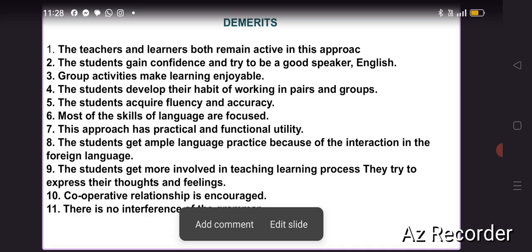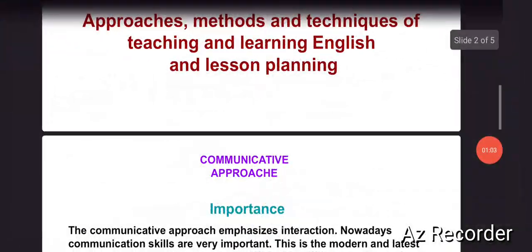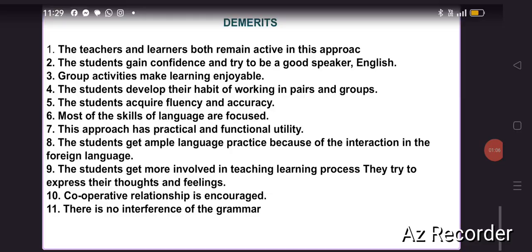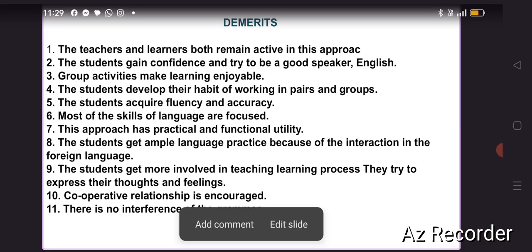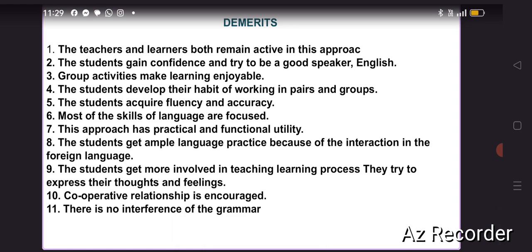नेक्स्ट, third, group activities make learning enjoyable. याच्यामध्ये ग्रुप ॲक्टिव्हिटीज घेतल्या जातात. ओके, so because of this what happens, the communicative approach becomes enjoyable. नेक्स्ट, the students develop their habit of working in pairs and groups. In this communicative approach, students take part in different activities, and because of this the students develop their habit of working in pairs and groups.